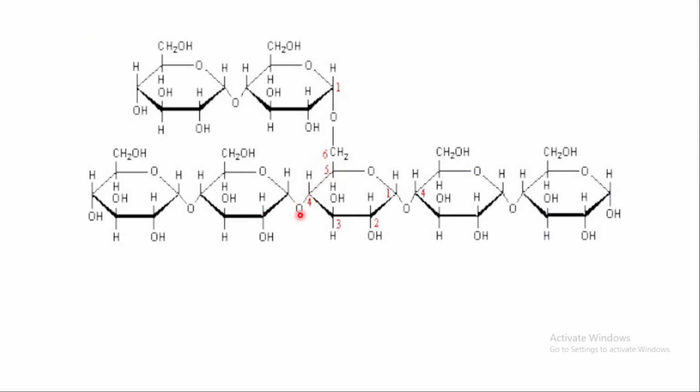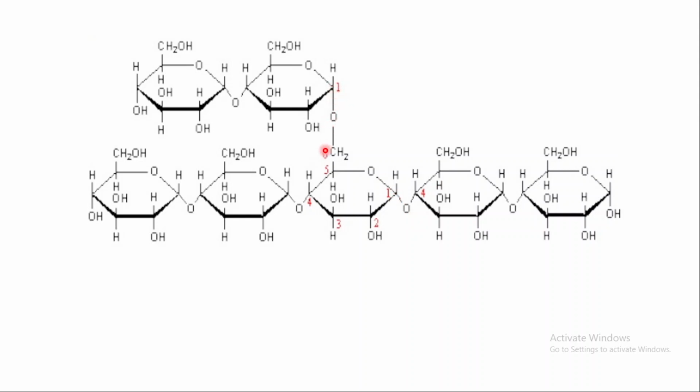The simple alpha 1,4 bond. If you can follow my pointer, this is the alpha 1,4 bond. The name comes from position 1 of one sugar and position 4 of the next sugar. They are bonded via removal of water through a glycosidic bond. This bond is called alpha 1,4 linkage.